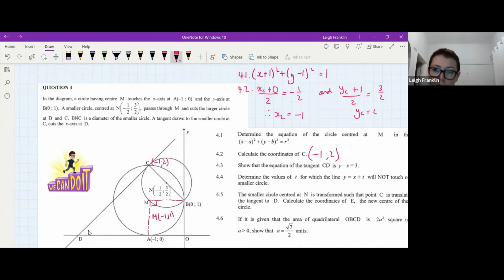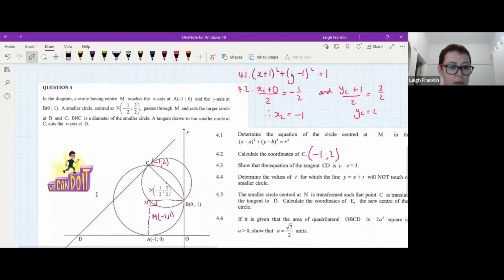Don't we first have to work out the gradient of CD? Yes, we first have to work out the gradient of CB, and then the gradient of CB times the gradient of CD will give us -1. Okay, absolutely, quite right.